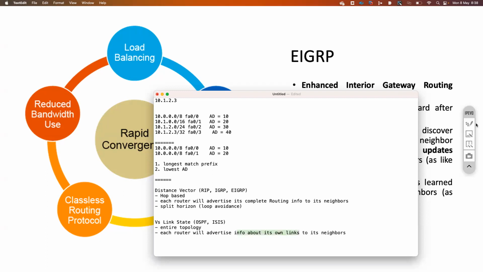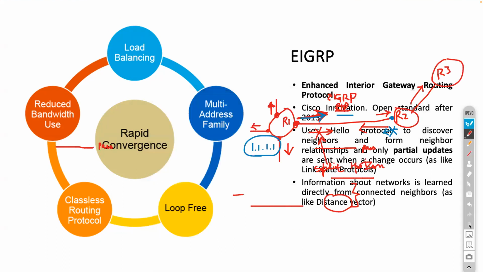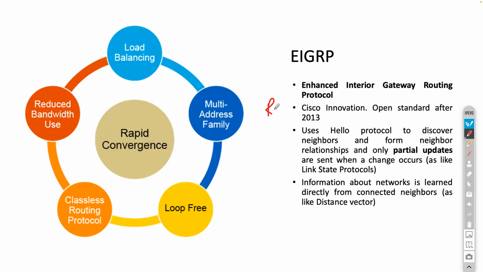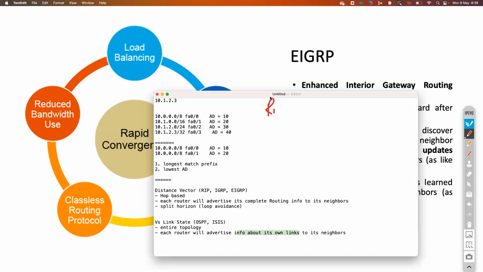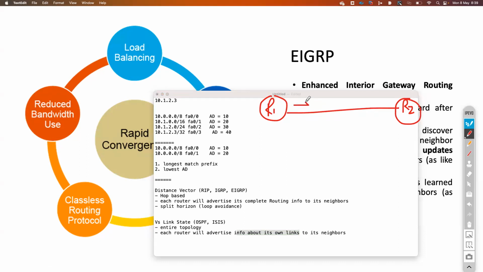In case of OSPF, let's say this is R1 and R2, and they are forming OSPF neighborship among them. R1 will advertise, I have these two links: one is this loopback 0, and one is this interface.